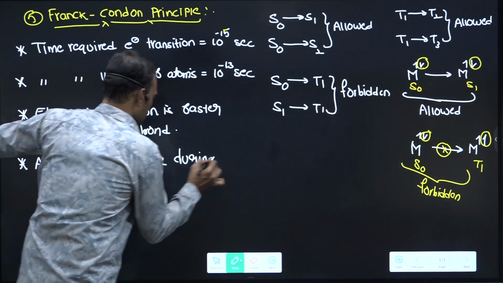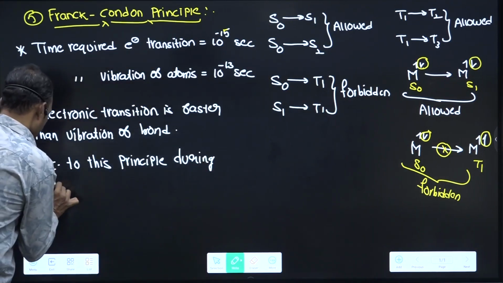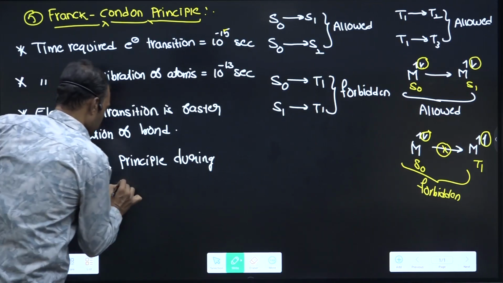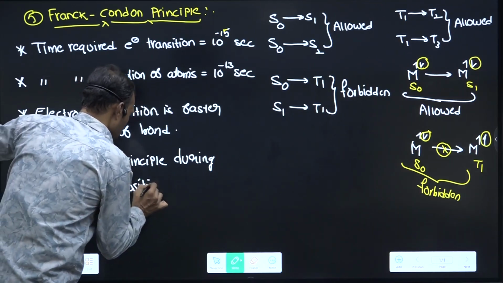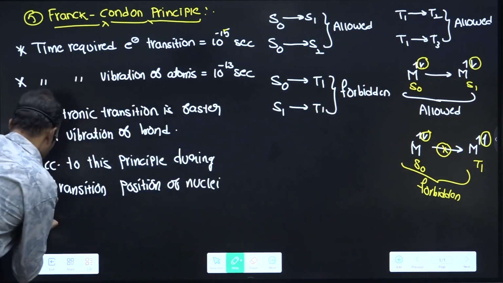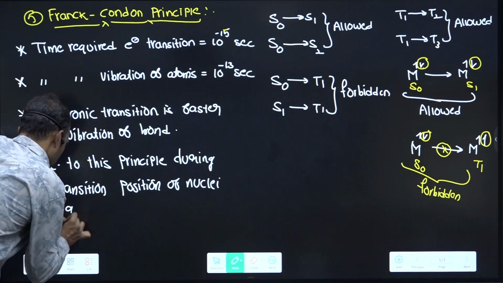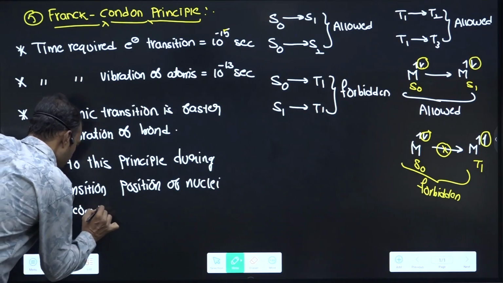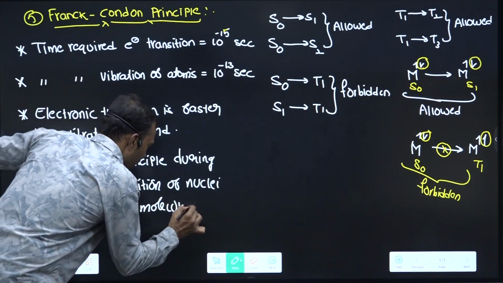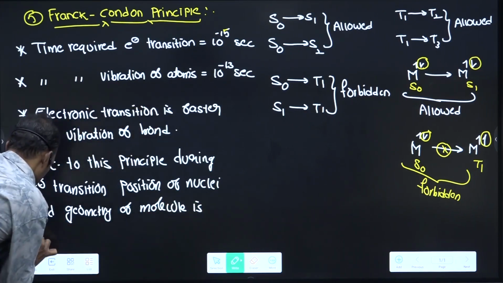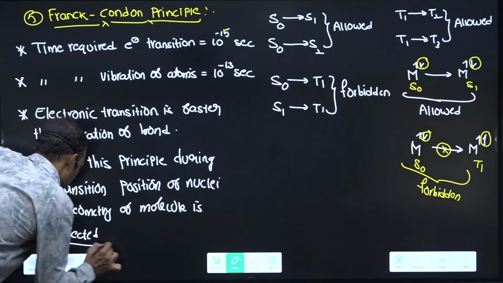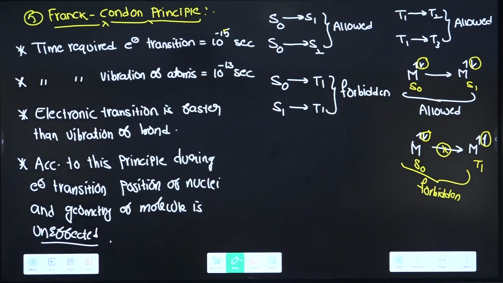during electronic transition, position of nuclei and geometry of molecule are unaffected.